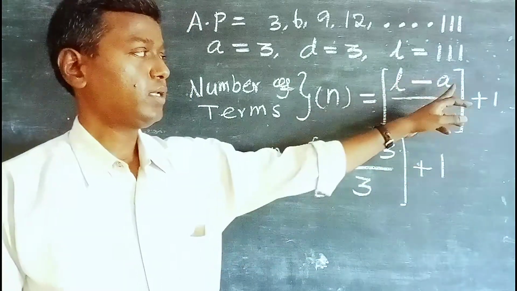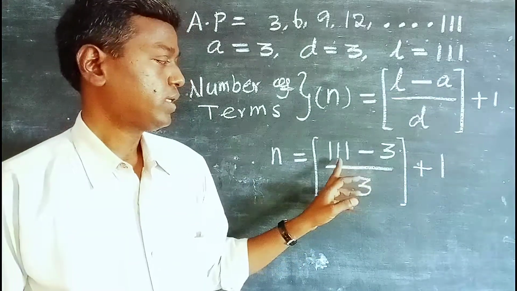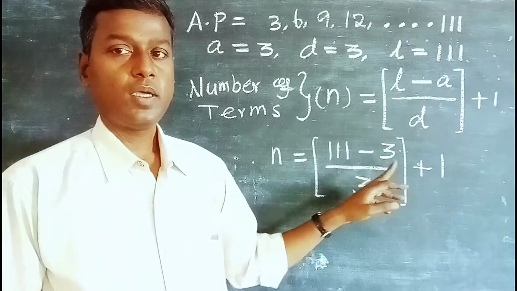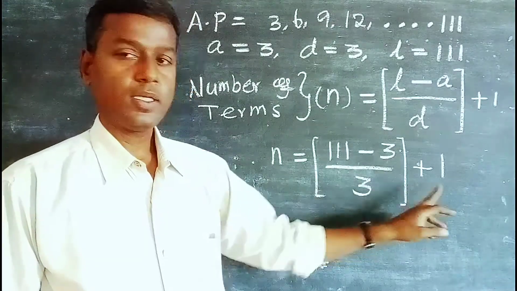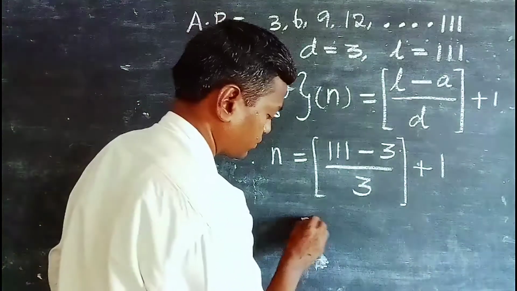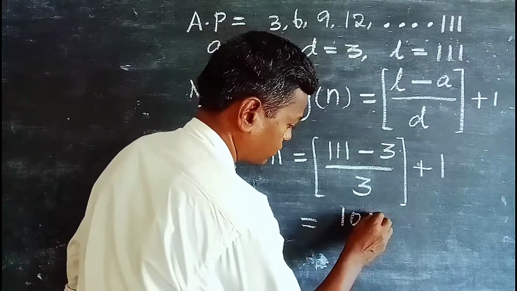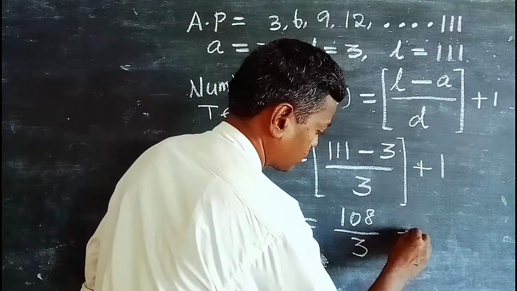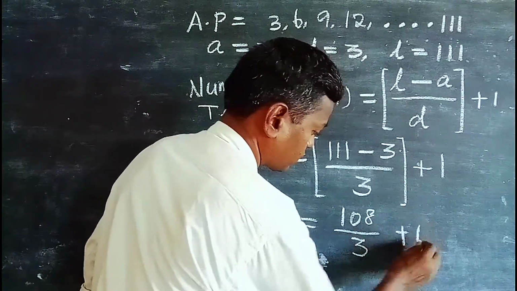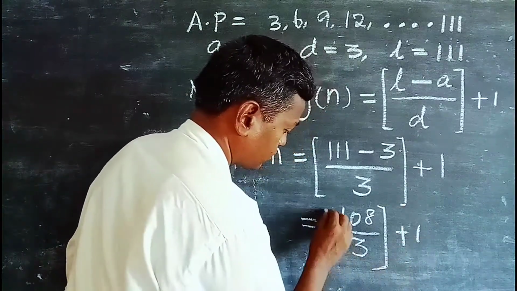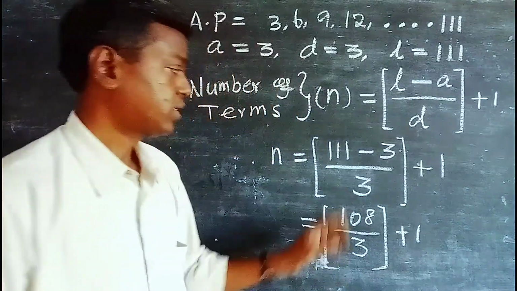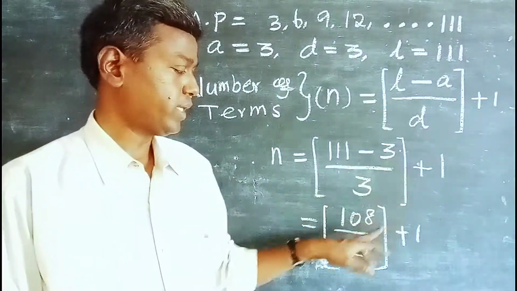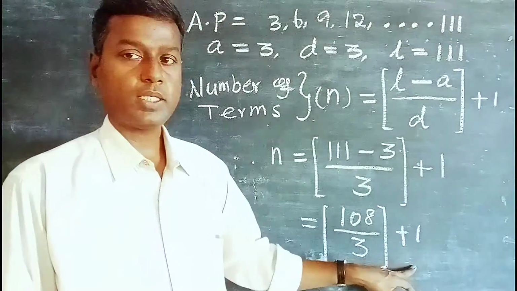Next, 111 minus 3 is 108, divided by 3, plus 1.